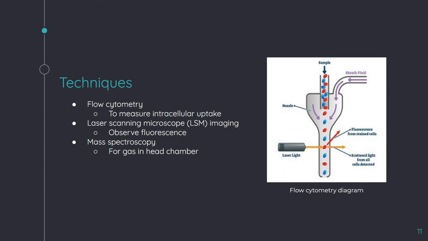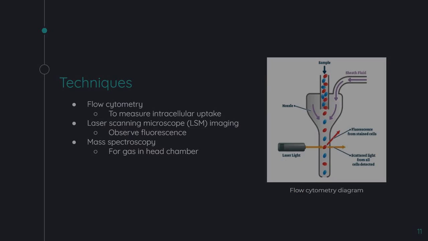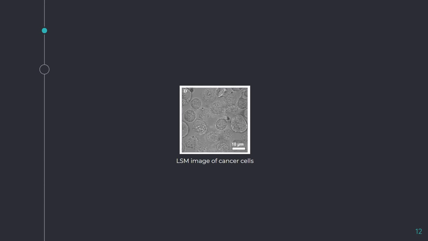Some techniques used to help analyze the effect of the parameters are flow cytometry, a technique useful for measuring intracellular uptake, laser scanning microscope imaging, used to observe fluorescence, and mass spectroscopy, used to analyze the gas in the laser head chamber.